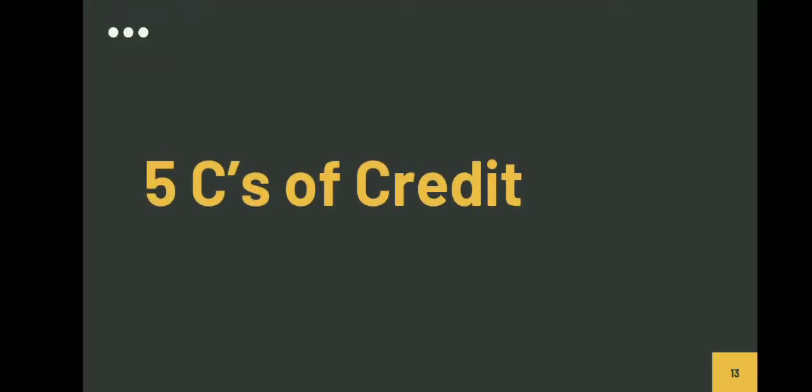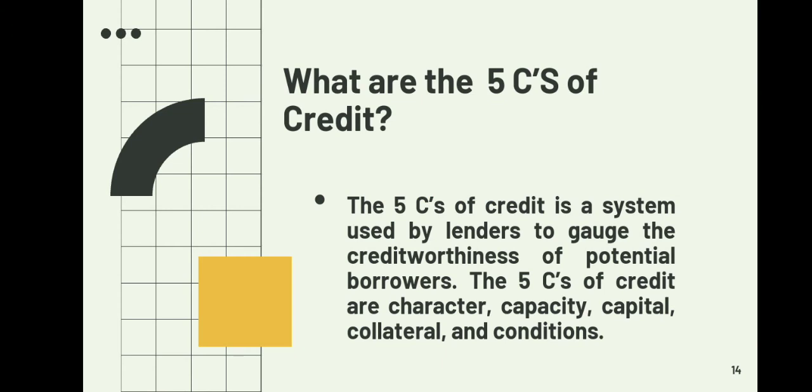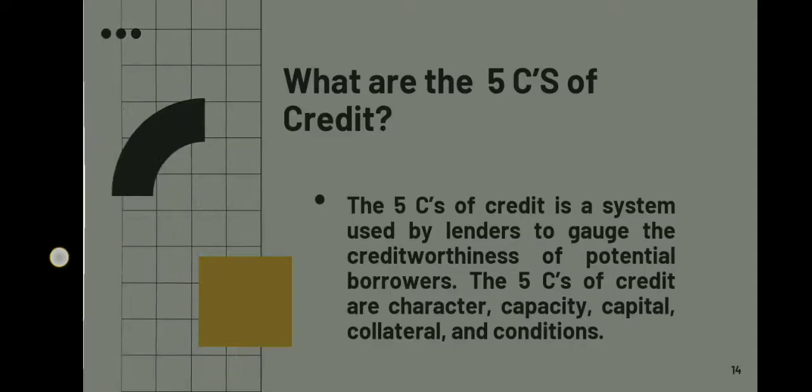One of the most popular credit selection techniques is the use of the 5 C's of credit. So what are the 5 C's of credit? The 5 C's of credit is a system used by lenders to gauge the creditworthiness of potential borrowers. The 5 C's of credit are character, capacity, capital, collateral, and conditions.